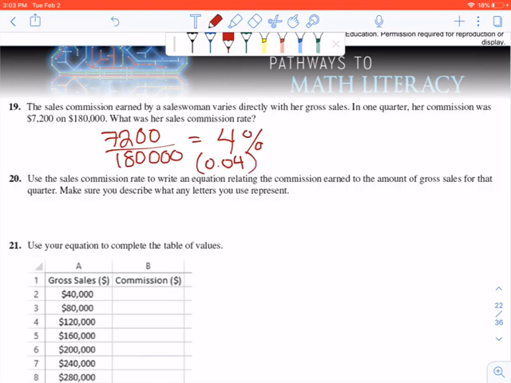So let's use that sales commission rate to write an equation relating the commission earned to the amount of gross sales for that quarter. So let's make sure that we describe what your letters represent. So let's say that her sales is S. And we could use C for commission.